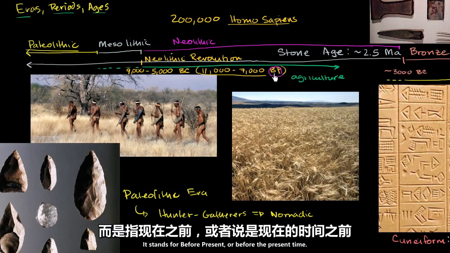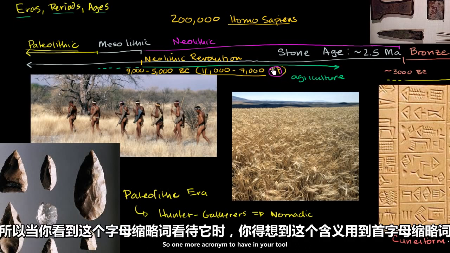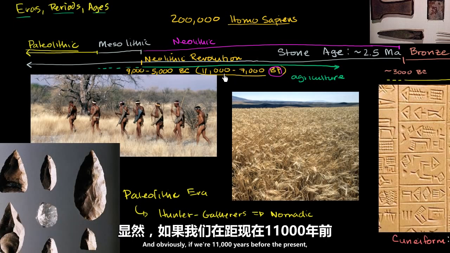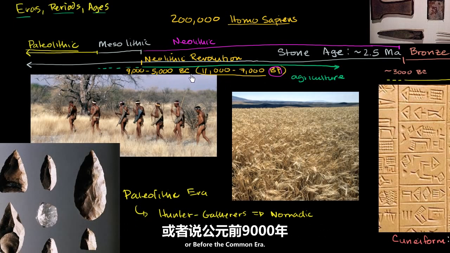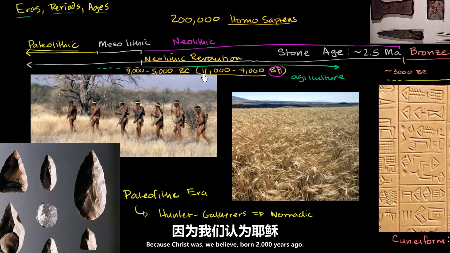It stands for before present, or before the present time. So one more acronym to have in your toolkit when you see things. And obviously, if we're 11,000 years before the present, that's the same thing as 9,000 years before Christ, or before the Common Era, because Christ was, we believe, born 2,000 years ago.